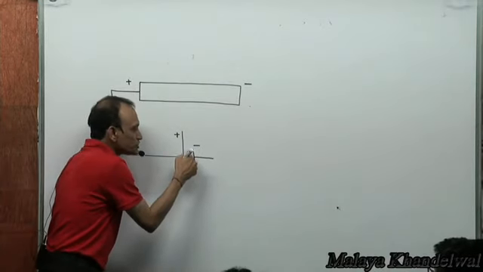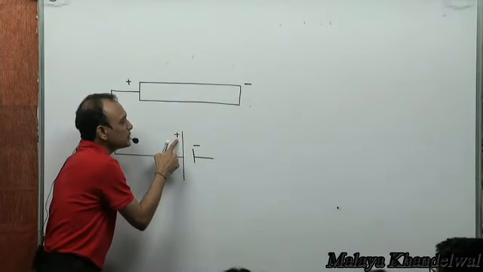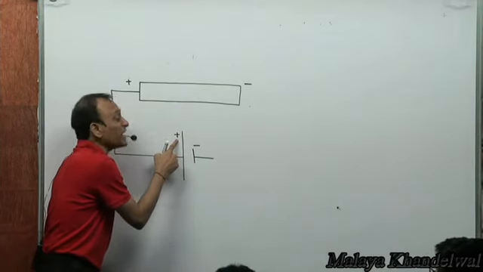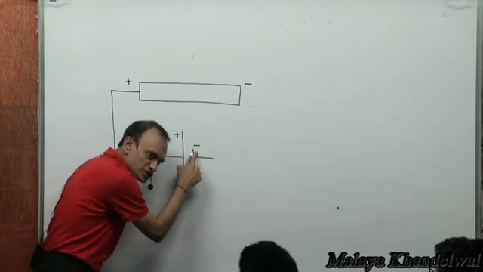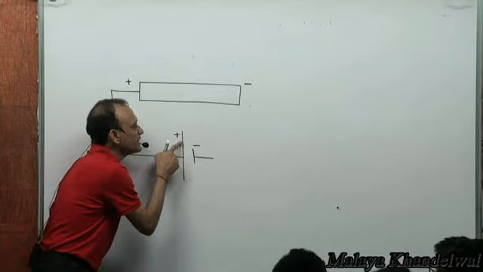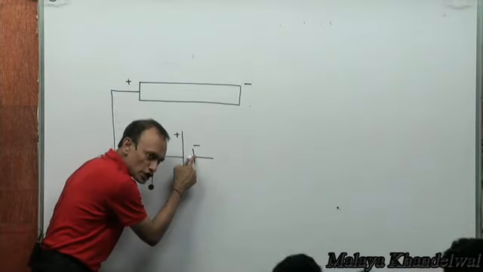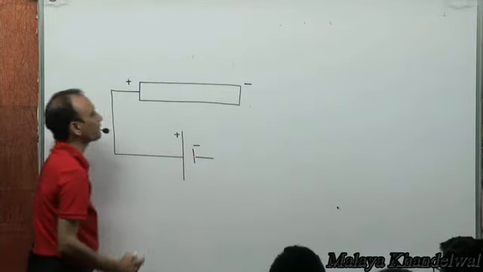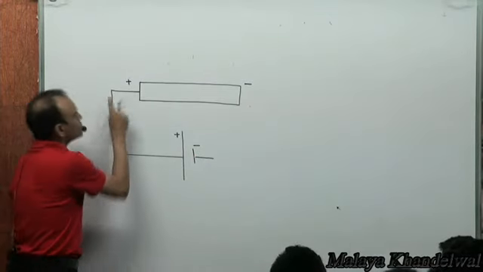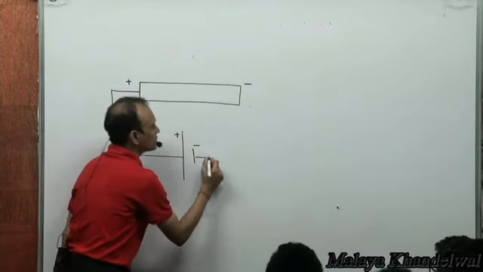A chemical mechanism here maintains this terminal of the battery at a higher potential compared to this terminal, right? So I connect one end to the positive terminal of the battery, the other end to the negative terminal of the battery.